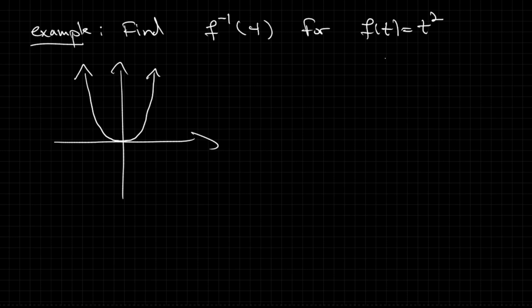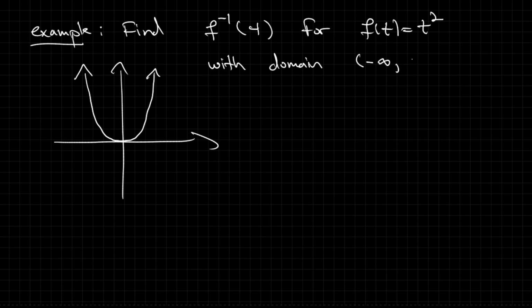But what we can do is we can restrict the domain of t squared. Let's go ahead and restrict t to be between minus infinity and 0. And so f of t would then have domain minus infinity comma 0.